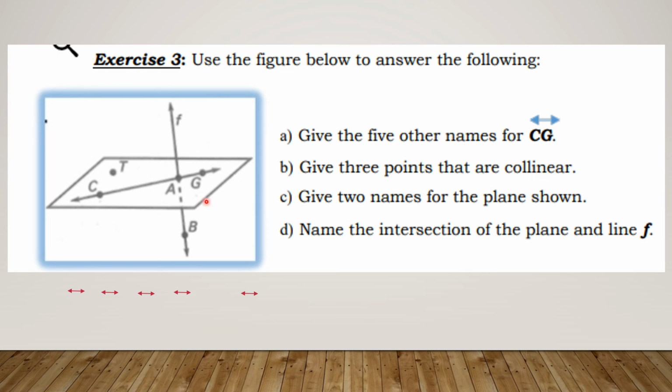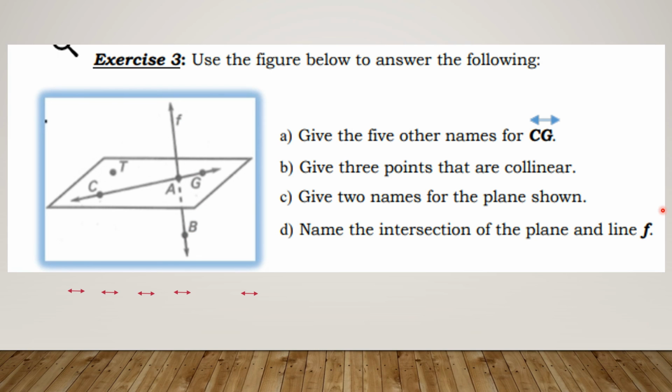Here are the collinear points. Then give 2 names for the plane shown. We discussed already what a plane is and how to come up with a plane. And number 4, letter D, name the intersection of the plane and line F. This is the plane and this is line F. What is their intersection?